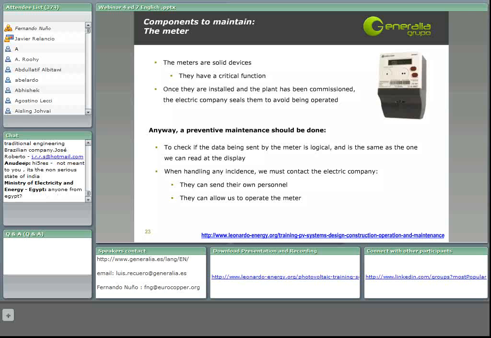We will continue this webinar with the types of maintenance. Though this chapter is called Types of Maintenance, during the next chapter, in fact, we will study how to implement the preventive maintenance in the different stages of a PV project.